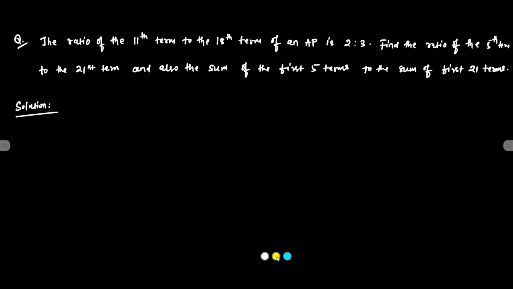Okay. So let's say for this arithmetic progression we have the first term a, common difference d. It is given the ratio of the 11th to the 18th term is equal to 2/3. If you remember, the general nth term formula is a plus n minus 1 d.